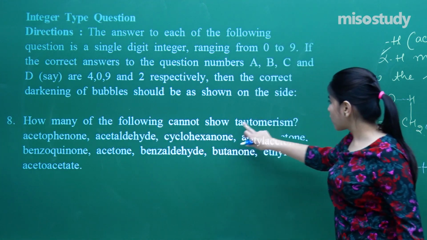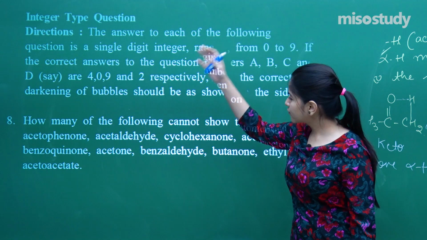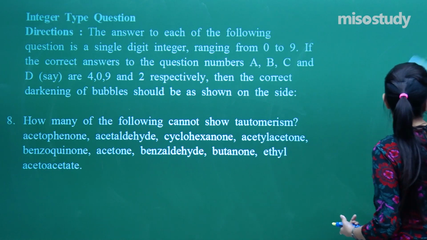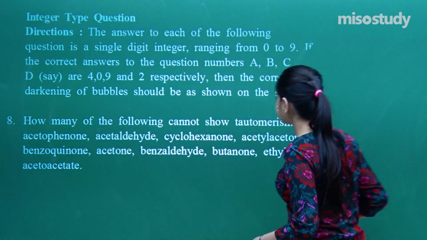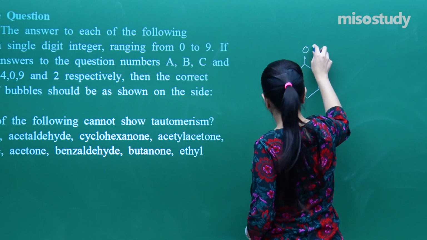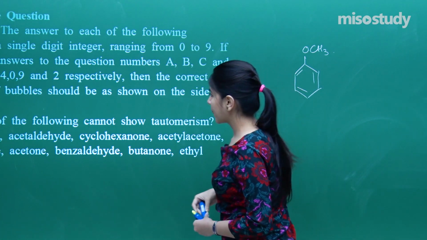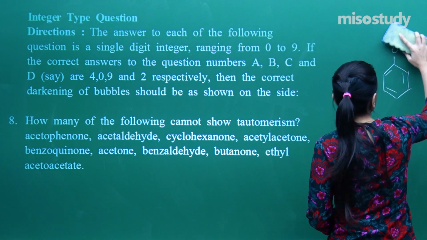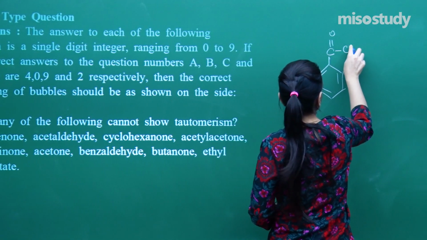How many of the following cannot show tautomerism? You need to mark out those which cannot show tautomerism. So you have got so many kinds of compounds. Let us quickly draw each compound one by one. So what do I have? I have got acetophenone, that is acetophenone, having a ketonic group, so it will be COCH3.